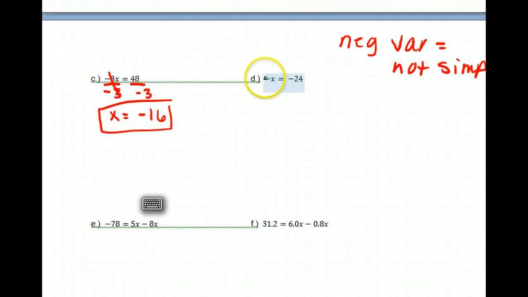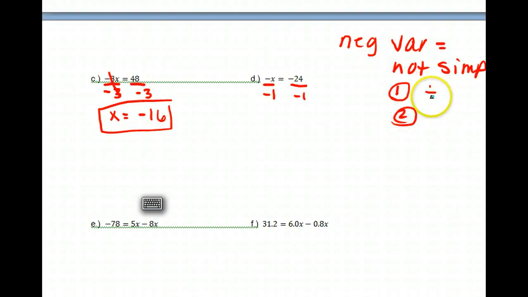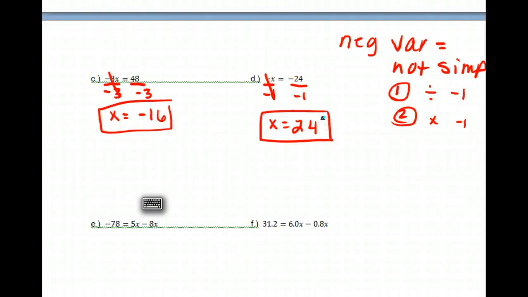So when you have a negative x, you must recognize that in order to turn that into a positive x, you must divide both sides by a -1, or you can multiply both sides by a -1. Either option will cancel out that negative and make your variable positive. Either option.